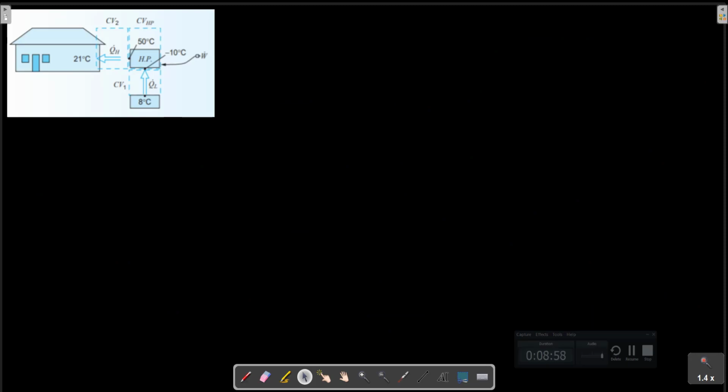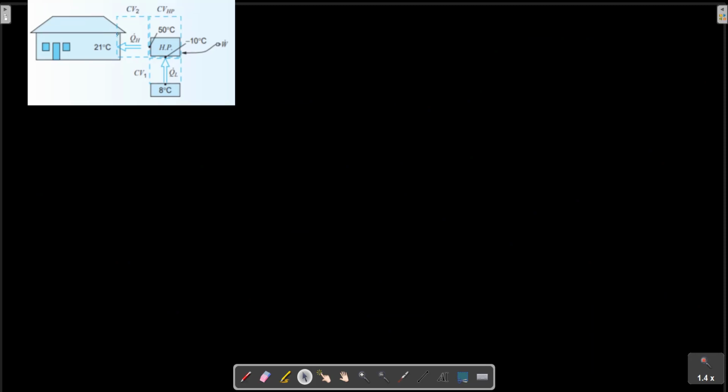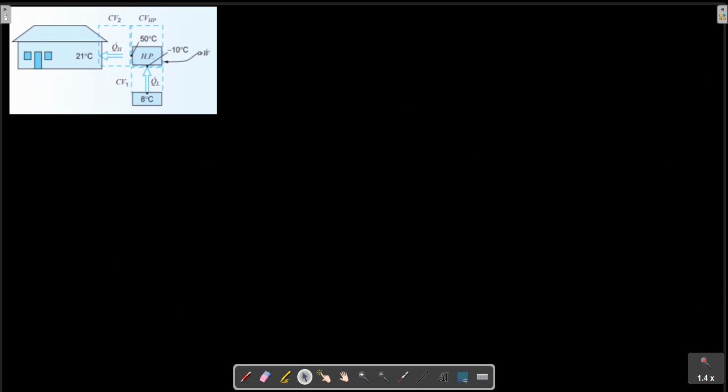Consider now another control volume 2, where TH is 21 and T high is 50 degrees centigrade.